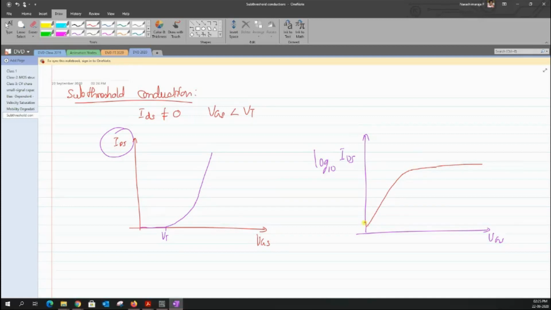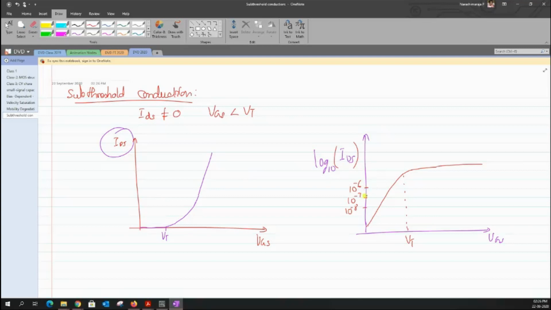Okay, so we would see some sort of characteristics, and this happens the moment the value of VGS is less than VT. Now, when I have this curve plotted against the logarithmic scale of IDS, the scale would be in terms of 10 to the power, I'm just choosing some random number, so that the step size would be something in this particular scale.